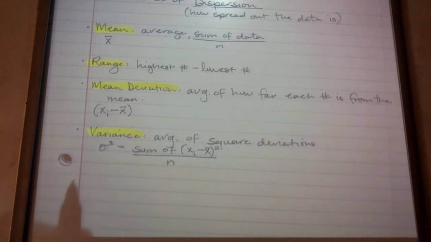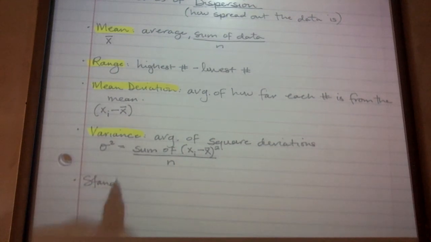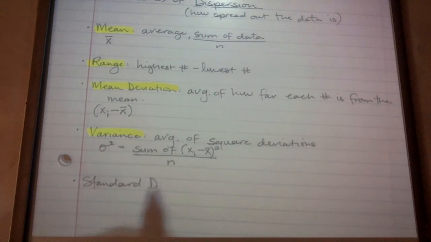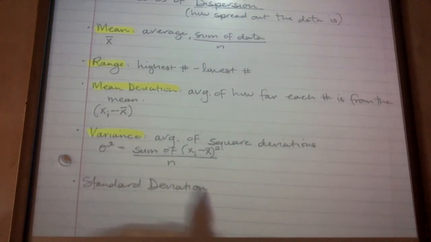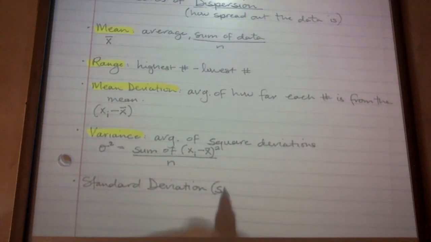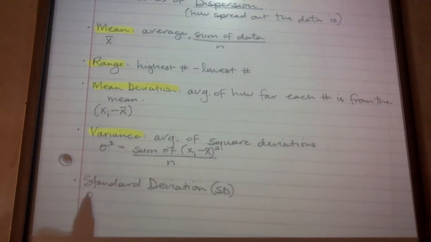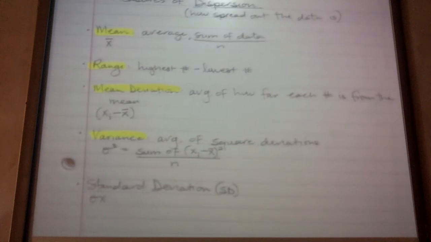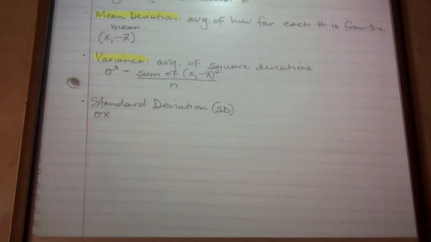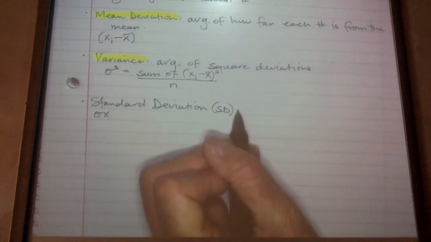And last is standard deviation. Now, a lot of times I'm just going to write SD. There is a symbol, and it's the same as the variance, but then an X next to it, so the standard deviation of your X or your data. And this one is very simple for us to do.